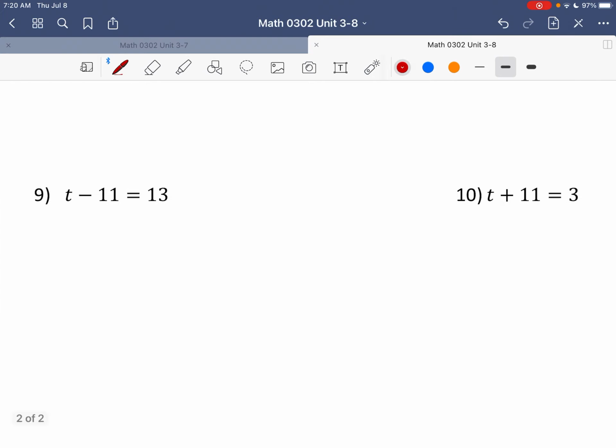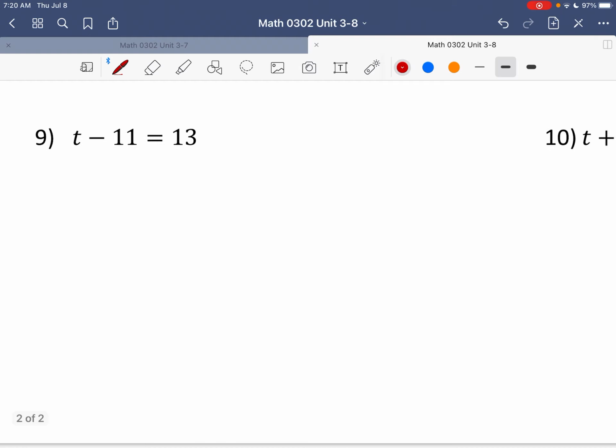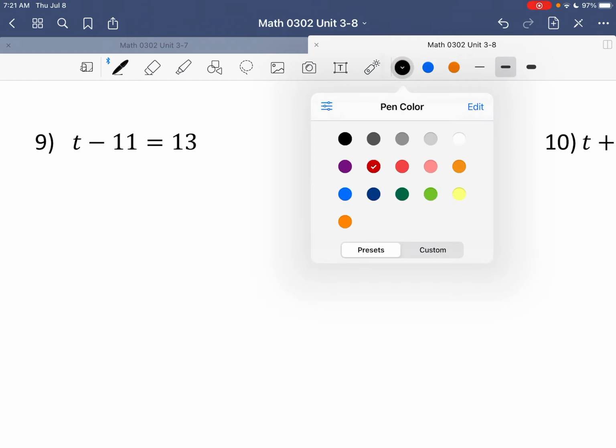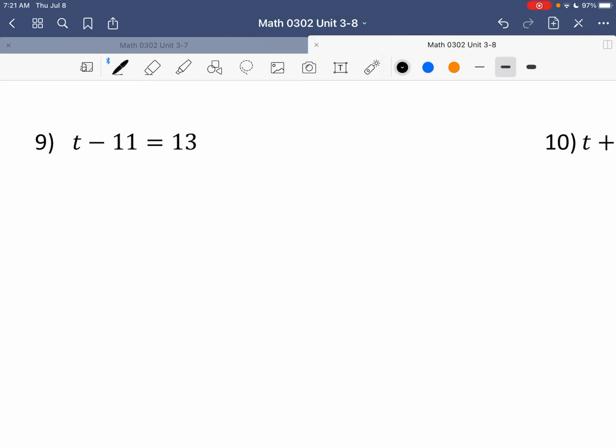Okay, then let's try part 9. Part 9: t minus 11 equal to 13.